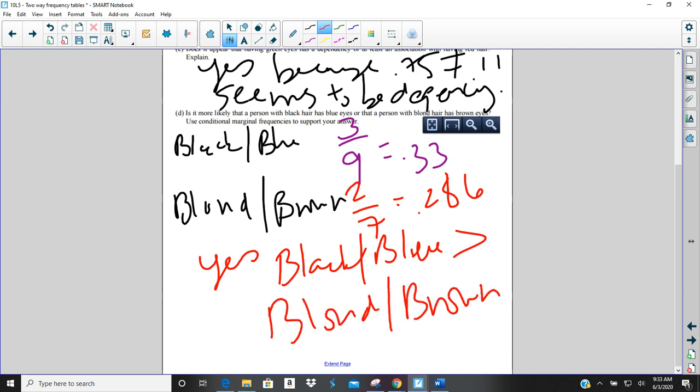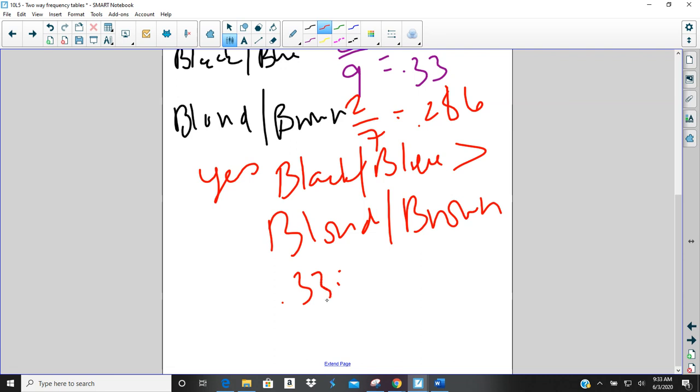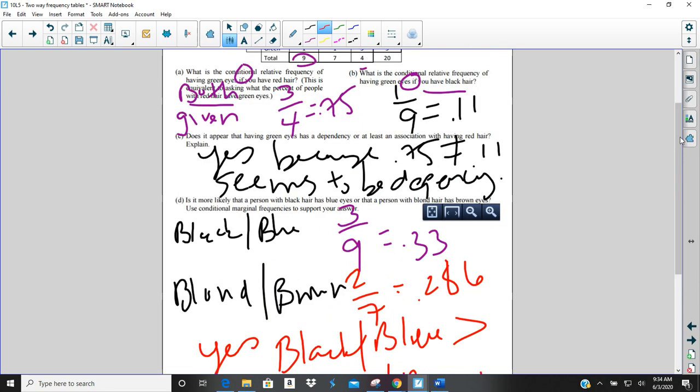And because I already have my numbers up top, you can write that 0.33 is greater than 0.286. Okay? I know it's a little subtle. It's very subtle. You have to read each question, which is why you start getting into this whole idea that math at times is actually English class, especially when you start getting into wordy topics.